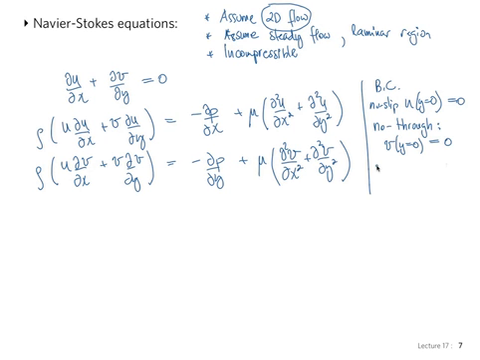And we have unperturbed flow at infinity. The flow is unperturbed when y tends to infinity. And so that must be the free stream velocity u0.